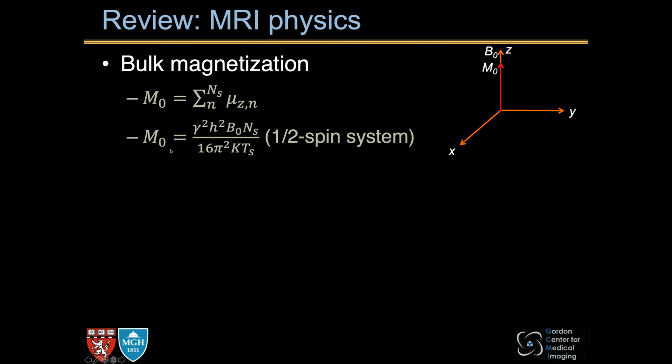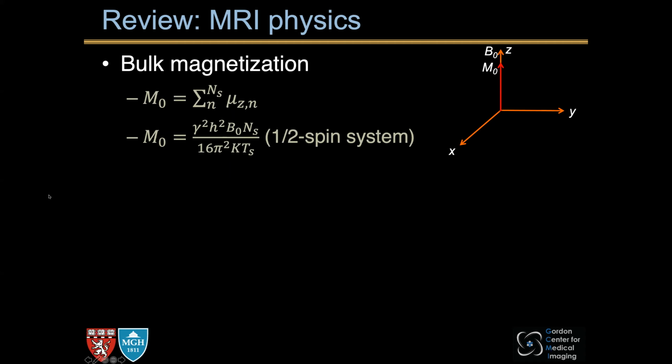As we can see here, the relationship between the bulk magnetization and the strength of the external magnetic field is linear. So the higher the magnetic field is, the larger this bulk magnetization will be. That's why for the MR scanner, we try to build stronger and stronger magnetic fields.